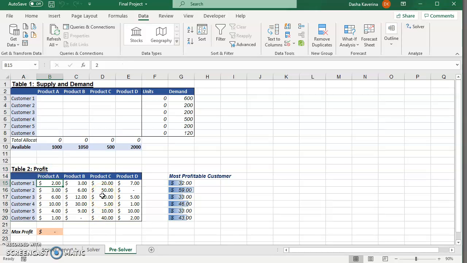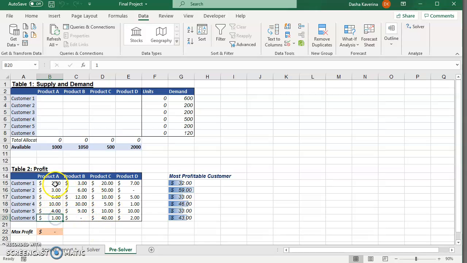So every customer has a set pricing schedule for products, and when they place orders, they might have the same or not the same pricing. It's just something that the sales reps work out with each individual customer. So in other words, if customer 1 places an order for 1 unit of product A, the company, us, will make $2.